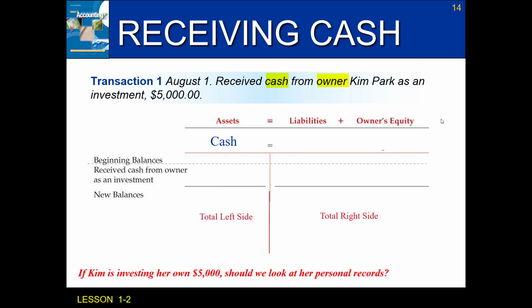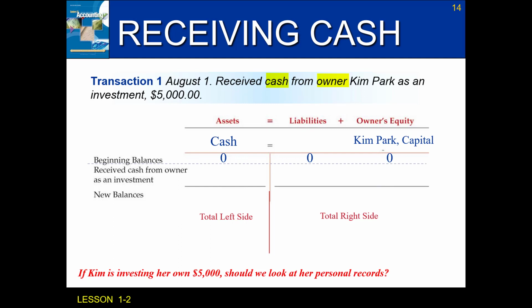So my name here is Kim Park, comma, capital, and that is the account type of owner's equity. So under owner's equity, I'm going to write Kim Park, comma, capital. Now what I need to do is determine what did I begin or start with for a balance in both of these account titles. Since this is our very first transaction, we're going to assume we started with $0 in every single account across the board.